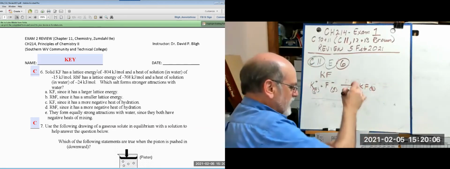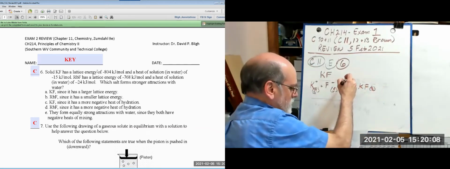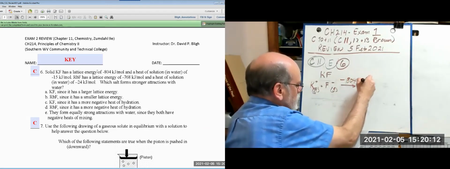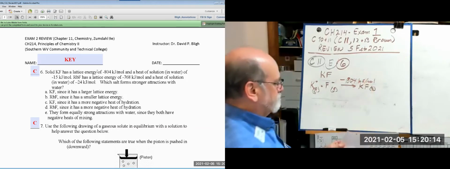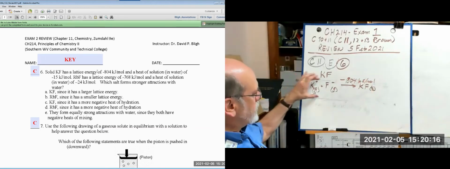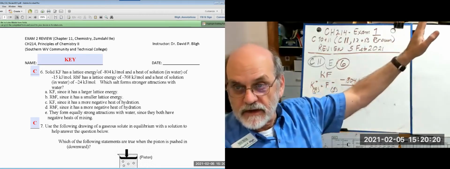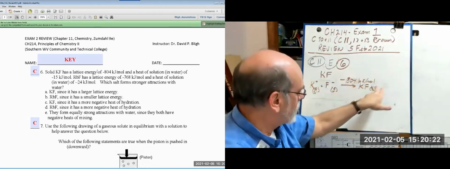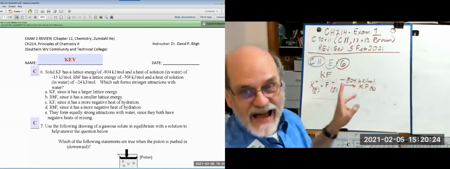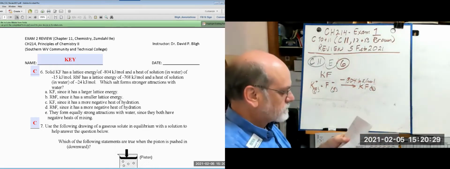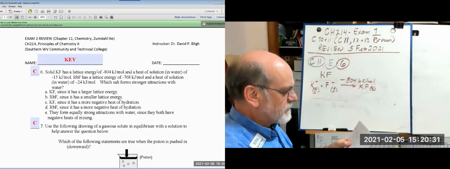And that lattice energy is negative 804 kilojoules per mole. Okay? So when it goes from here to there, it gives up that much energy. So to go back the other way, you would have to supply that energy. Let's see.